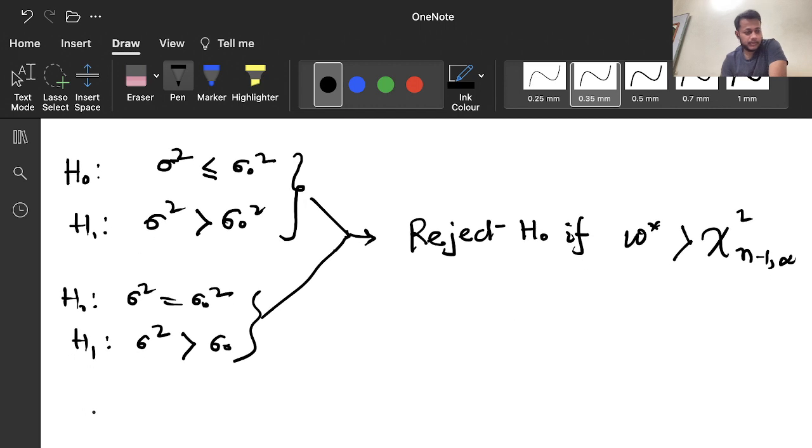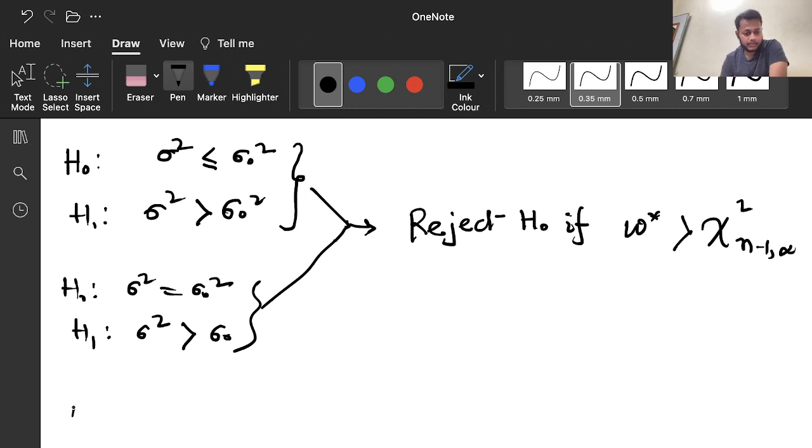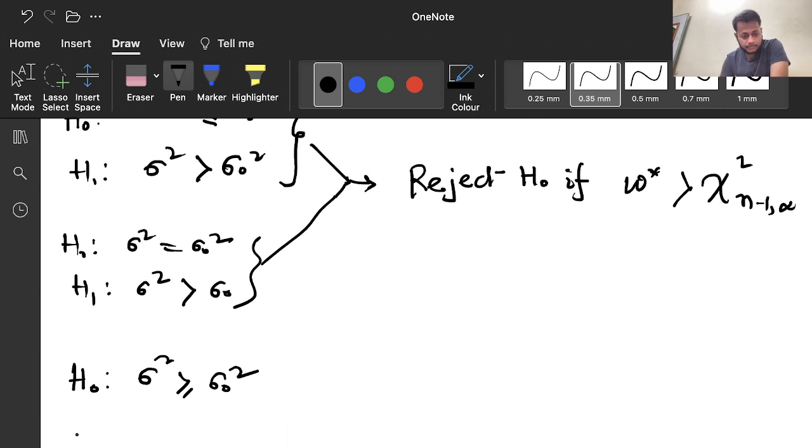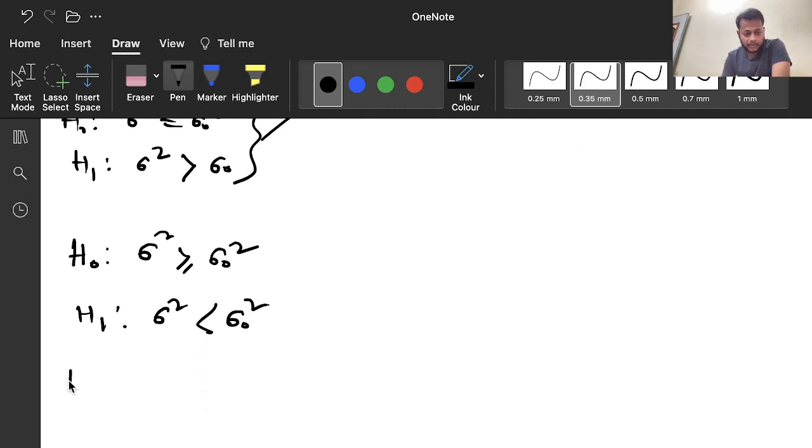we do not reject H0. Now for the hypotheses H0: sigma square greater than or equal to sigma naught square, H1: sigma square less than sigma naught square, and another set, H naught is sigma square equal to sigma naught square, H1 is sigma square less than sigma naught square.